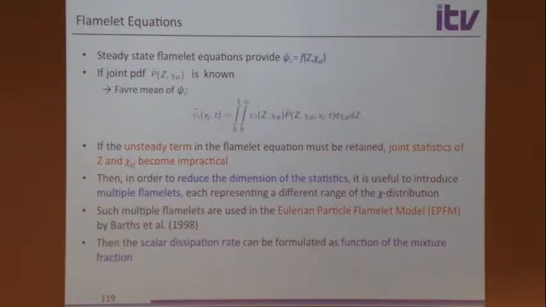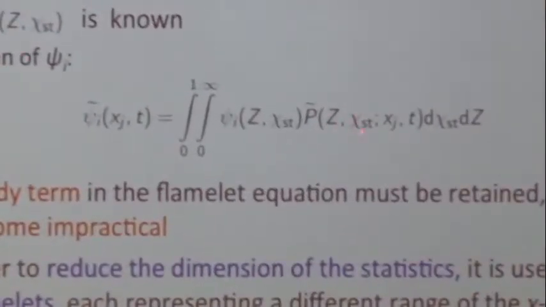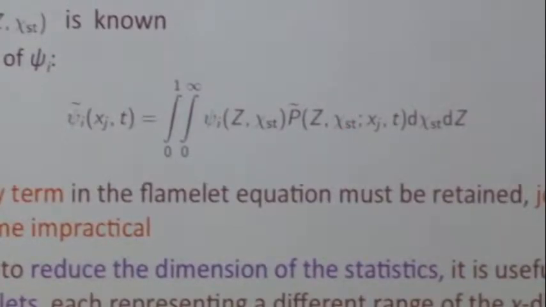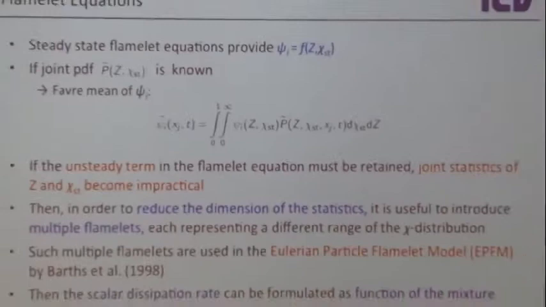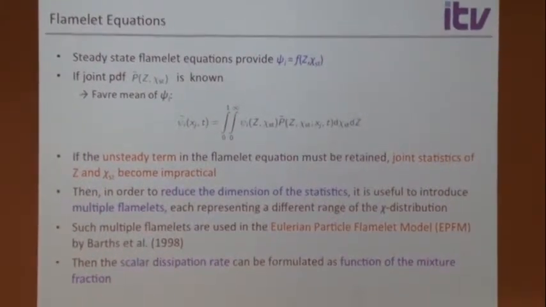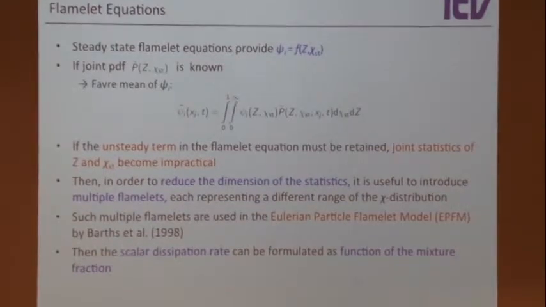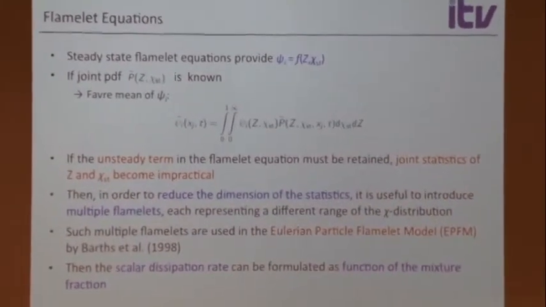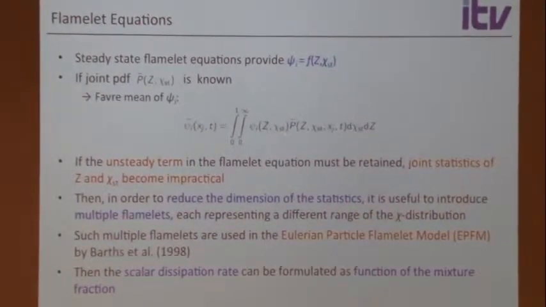This is the joint PDF for finding mixture fraction and the dissipation rate at stoichiometric mixture fraction. If you assume the two variables are independent, then of course the joint PDF is the product of the marginal PDFs, so we can write it as P of Z times P of chi.